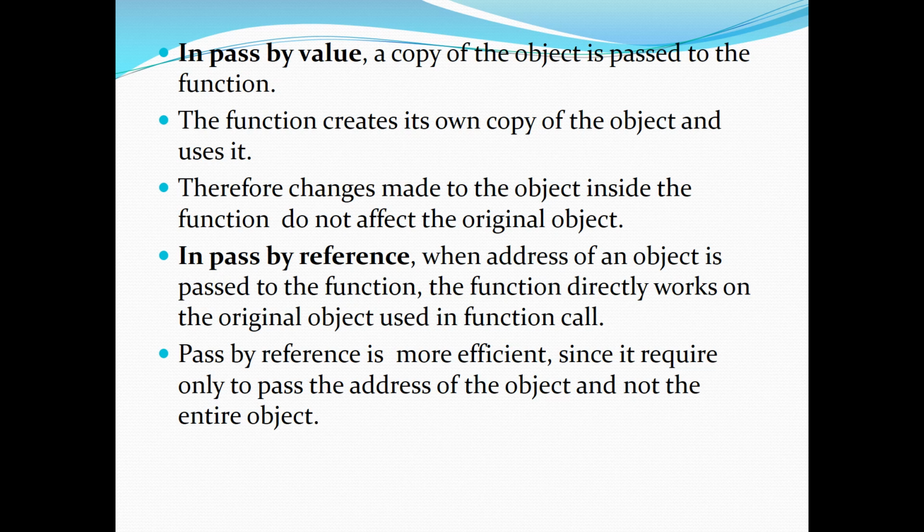Once again, I'll repeat. The function creates its own copy of the object and uses it for the purpose. Therefore, changes made to the object inside the function do not affect the original objects.